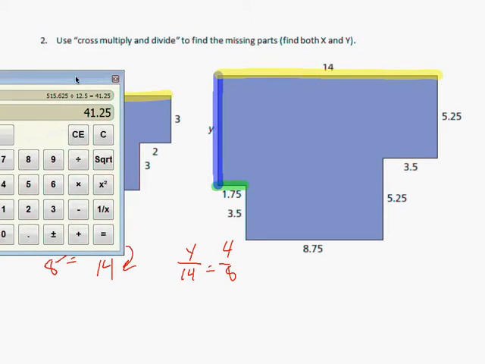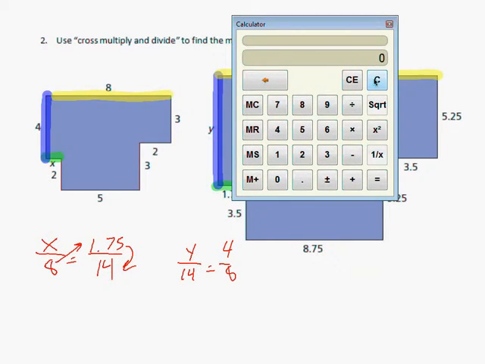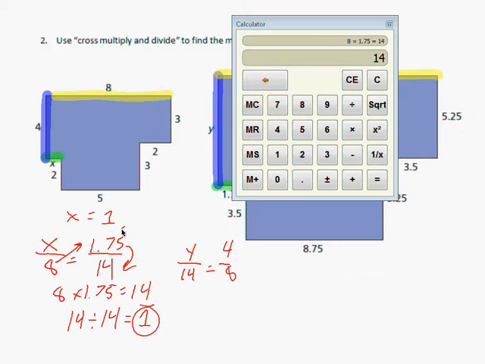I've got a nasty decimal, so I'm going to use a calculator on that first one. 8 times 1.75 equals 14. 14 divided by 14, well, anything divided by itself is 1. So x equals 1. There are no units in this one, so I don't have to worry about writing a unit.